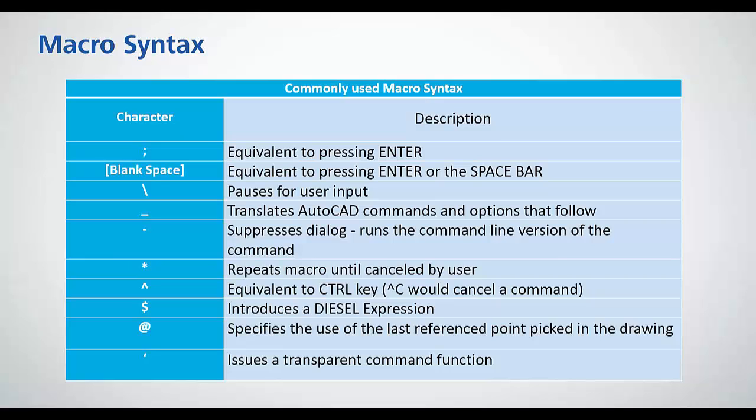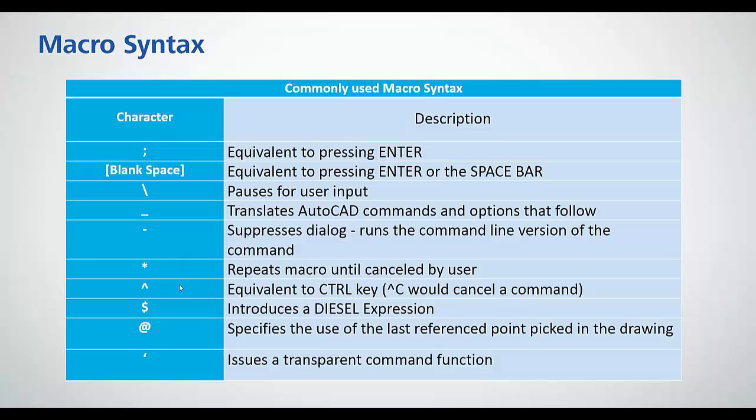Well, just running a macro won't do it, because as soon as the dialog pops up, it's going to terminate the macro. So you have to suppress that dialog, and that's easily done by putting a hyphen in front of the dialog command. The asterisk will repeat a macro until it's canceled by the user.